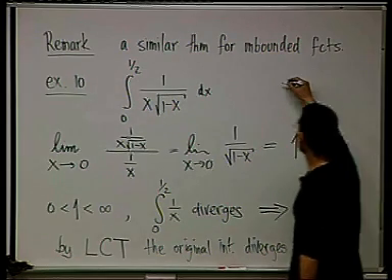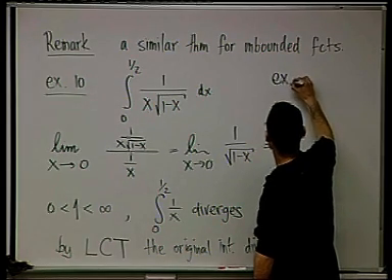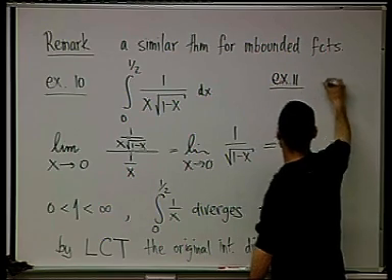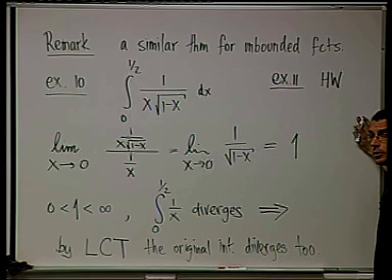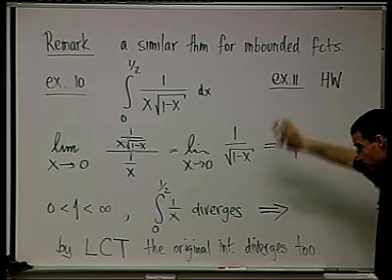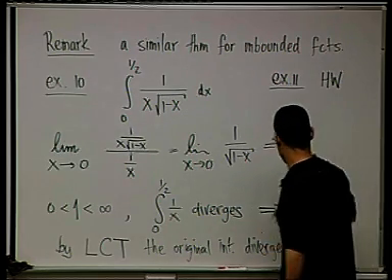Let me give you a homework problem. Example 11. Homework. Try it on your own. But I'm telling you it's going to be a bit trickier. A bit trickier. Won't be as smooth as this one.